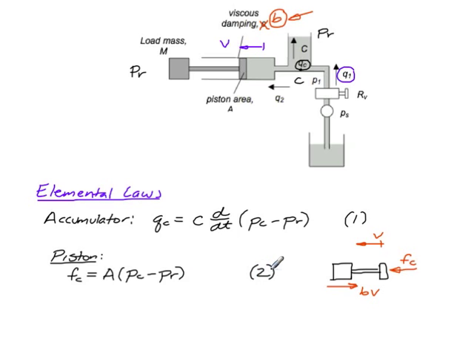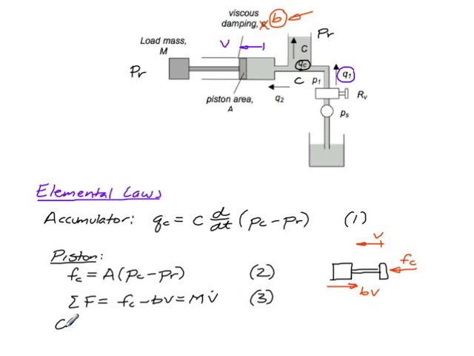And now I use Newton's second law when I sum forces acting on the piston. I have FC, I have minus BV, and that's equal to MA, which is M V dot.